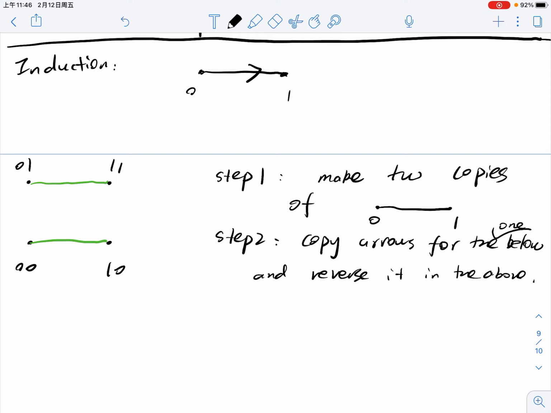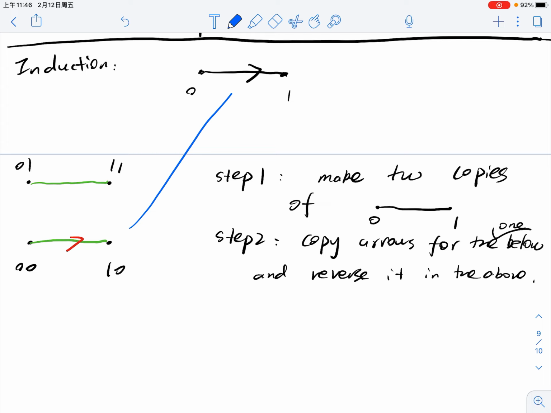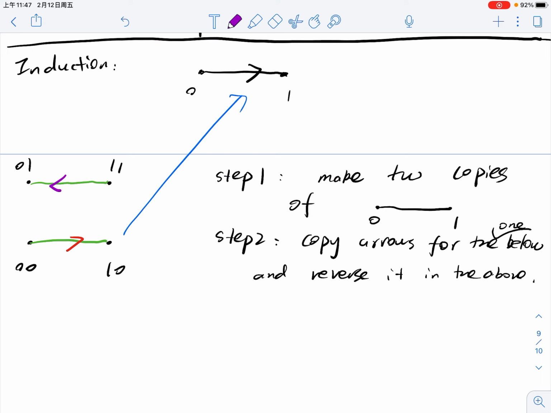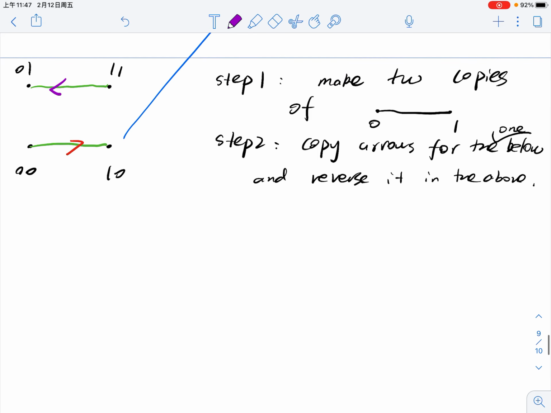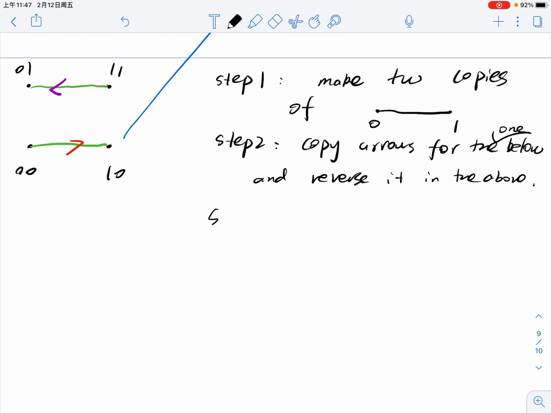That means for the underneath one, you just keep it, or you just copy it from the previous case. And for the above one, you flip it, go this way. Okay, then we still need to connect them.